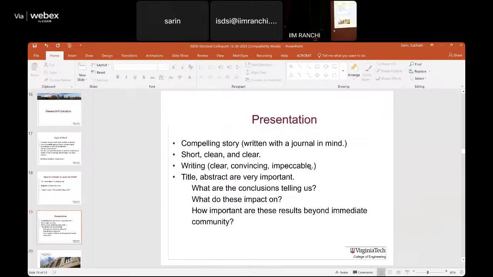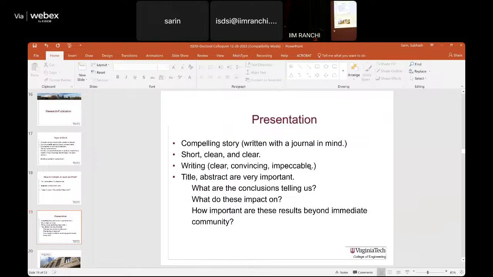It should be short, clean, and very clear. That is very important. If you cannot convey what you've done, no matter how good the work you've done, it will never reach an acceptable level. So you have to convince the reader of how convincing what you've done is. That is very important in the writing of the paper.